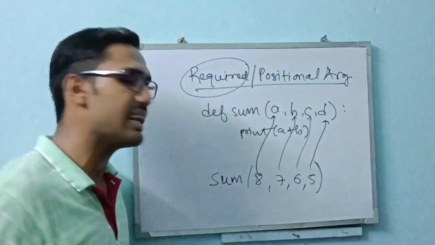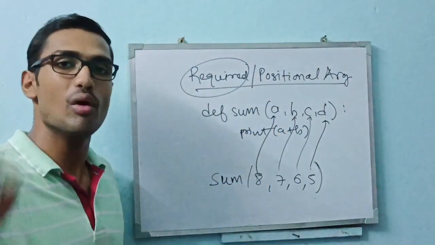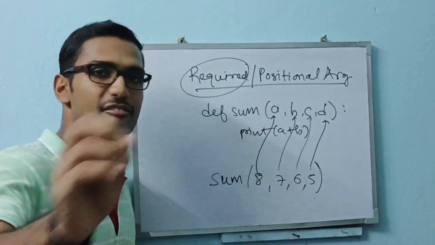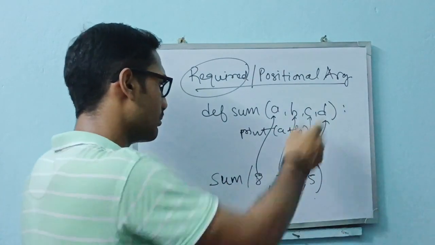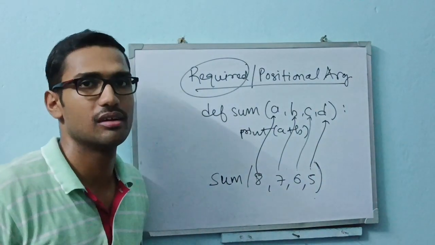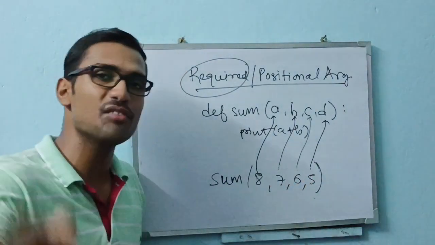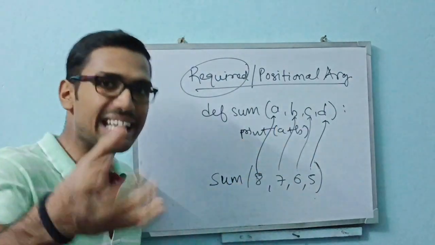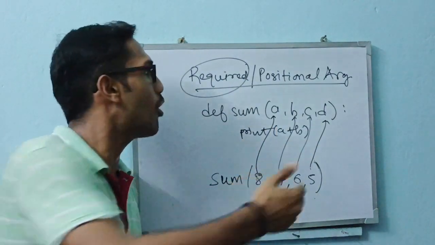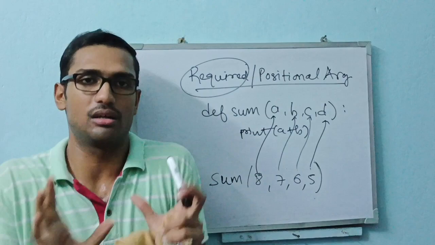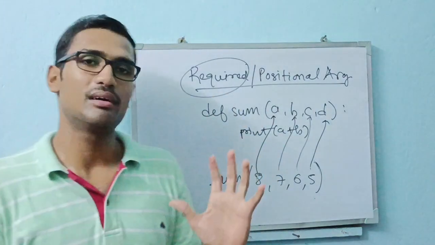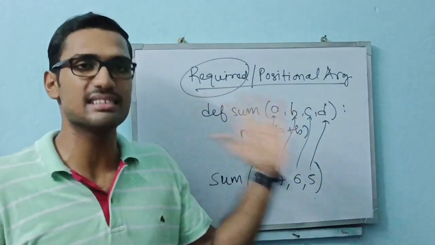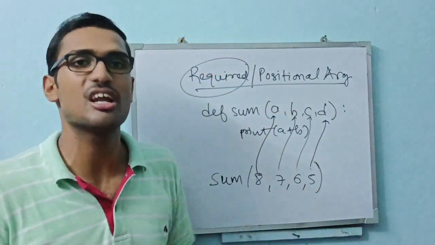Now A contains value 8, B contains value 7, C contains value 6, and D contains value 5. So with respect to the position of the argument, the parameters are getting their respective values, and that is what the term positional means. I hope you have got the concept of what a required or positional argument is.